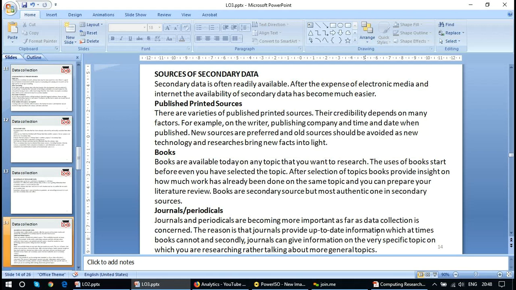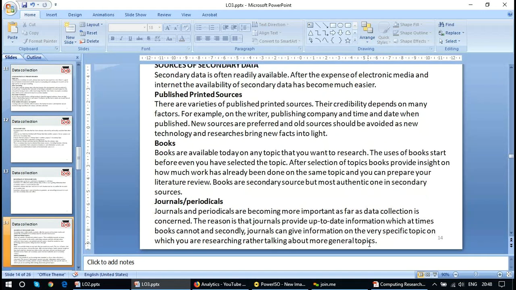The reason is that journals provide up-to-date information which at times books cannot, and secondly, journals give information on the very specific topic on which you are researching rather than talking about more general topics. So books give a kind of theoretical background generally, but journals and periodicals give in-depth and the most recent research trends, published in detail.